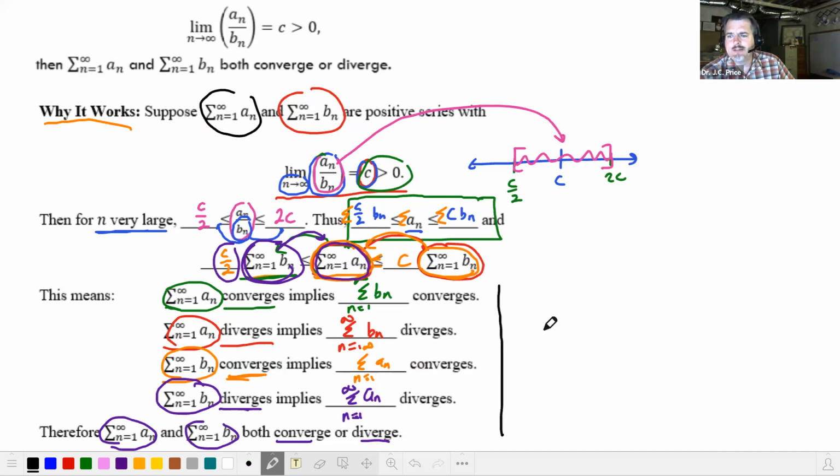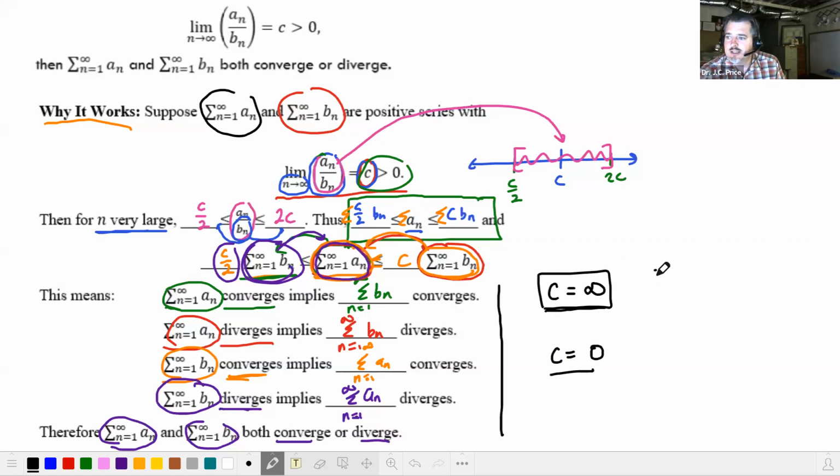what would happen if this c winds up equaling infinity. If c equals infinity or c equals 0, some interesting things are going to happen. So if c is equal to infinity, what does that mean?